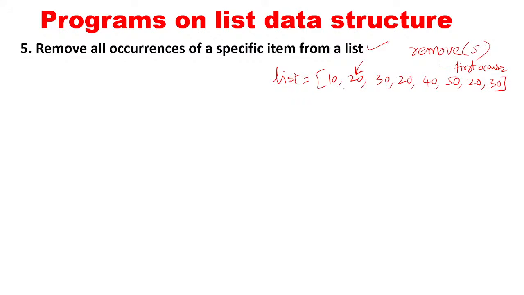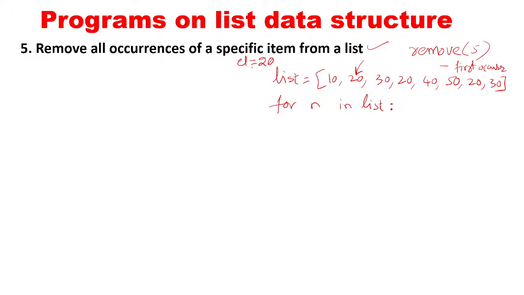So what can you do? Just run a loop on this: for n in a list. Here you should specify the element to be deleted.